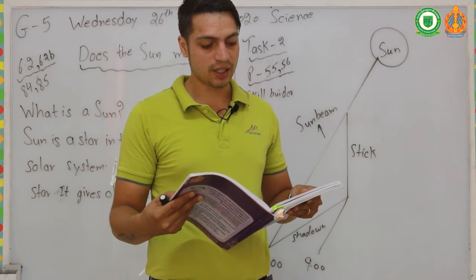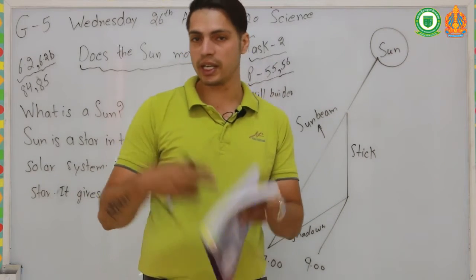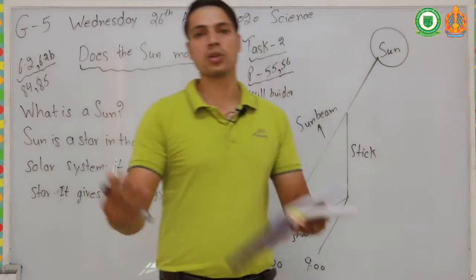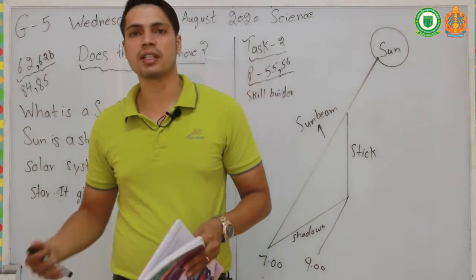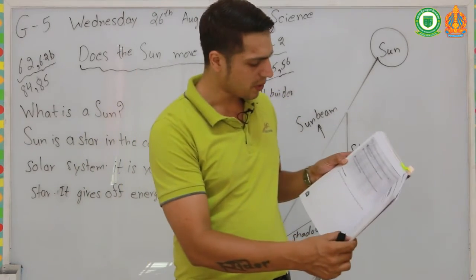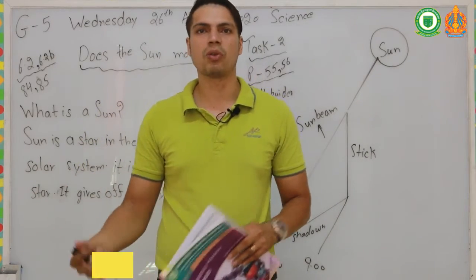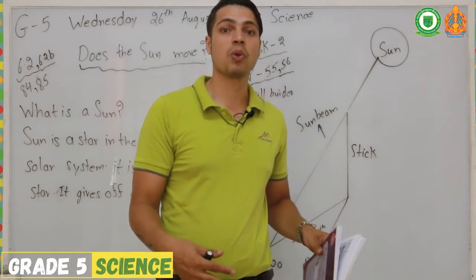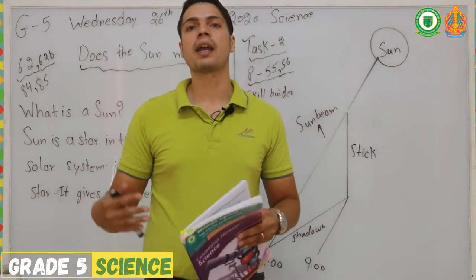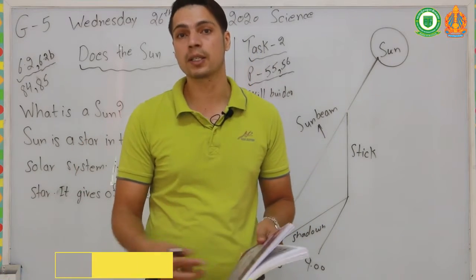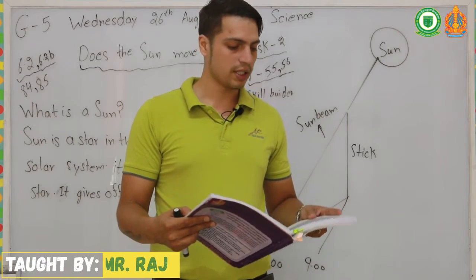Explain your answer using scientific knowledge. If you think the sun is moving, why do you think so? Give your reason, explain in number 3. If you think the sun is not moving, it's the earth that is moving, give your answer and why. Okay, explain. So this is your task 2.